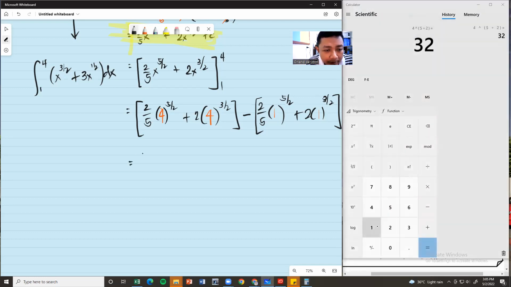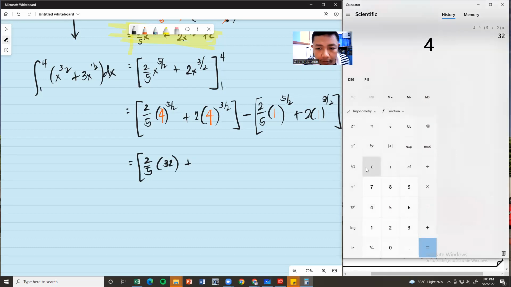So this will become 2 over 5 times 32 plus, same. Let's do this. So we have 4 raised to, kindly explore your own calculators, 3 divided by 2 equals, the answer will be 8.